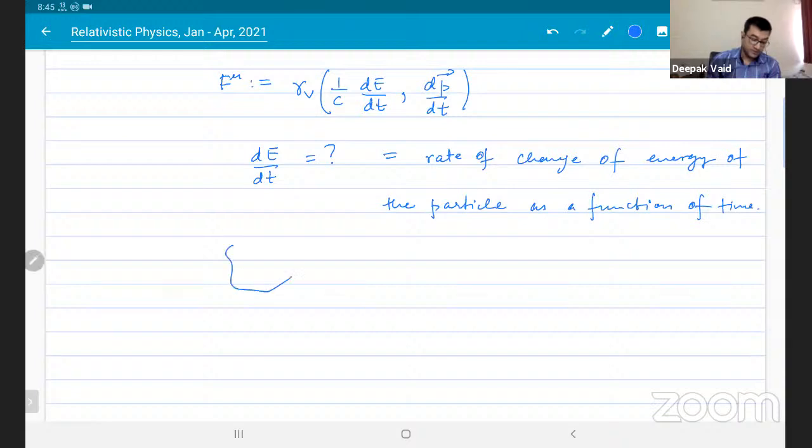You have some system S, and I say that the energy of the system is changing at this rate. How should I interpret this?